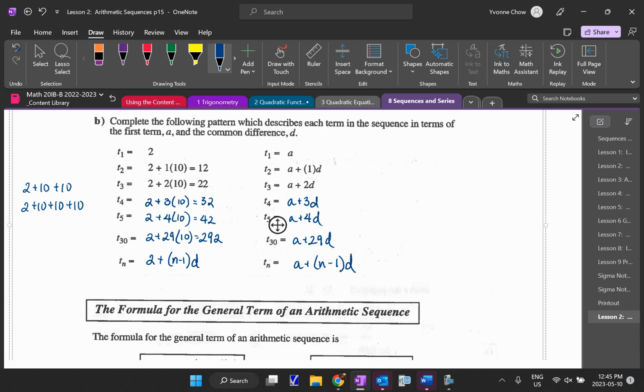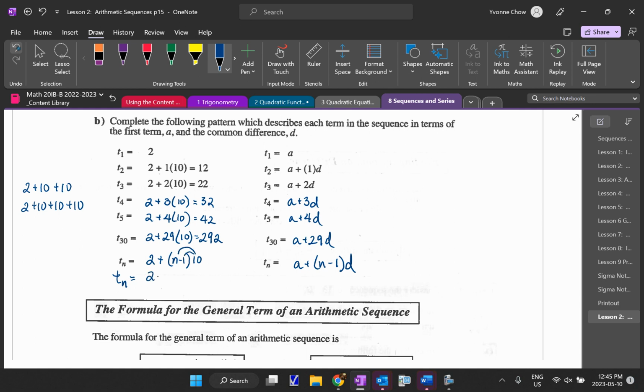So depending on what term we're looking at, the term number, it's 1 less than that, and then times the common difference. In this particular case, that would be 10. And the one thing that I will ask that you do, if you're writing a general term for a particular sequence, please distribute and clean that up.